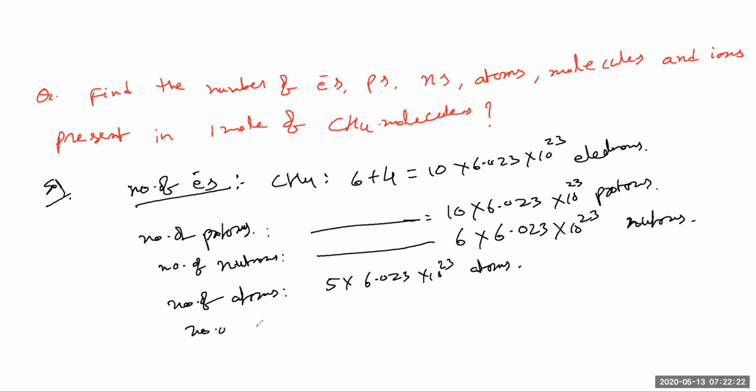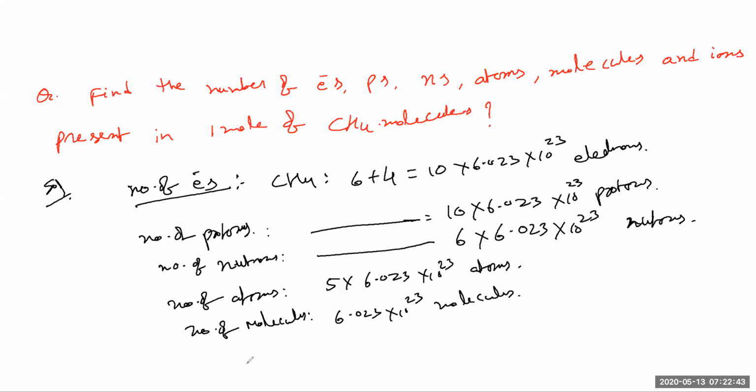Given is 1 mole only, and 1 mole means Avogadro number only. That means number of molecules is 6.023 into 10 power 23 molecules. But given is CH4 molecule only, no ion.